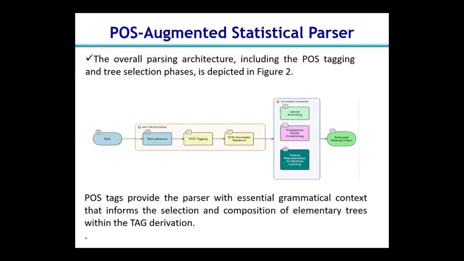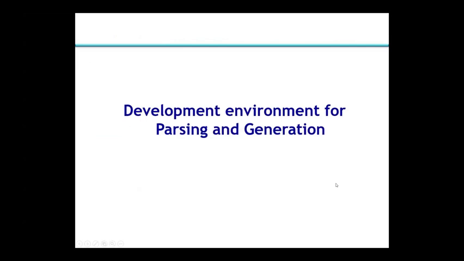So this is the basic architecture of the algorithm. We start with the raw sentence, provide the POS-tagged sentences, annotate the sentence, and cover the lexical anchoring, probability, and feature extraction. The focus is on POS-tagged sentences to enhance the parsing algorithm.